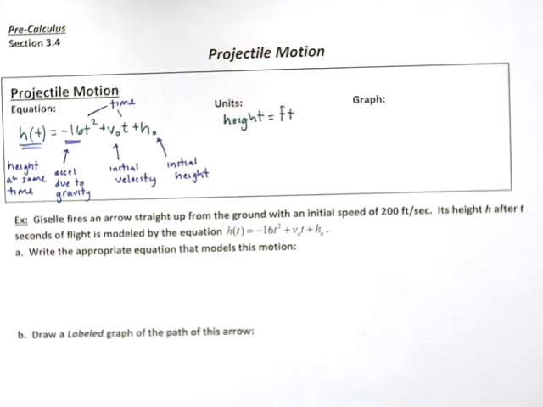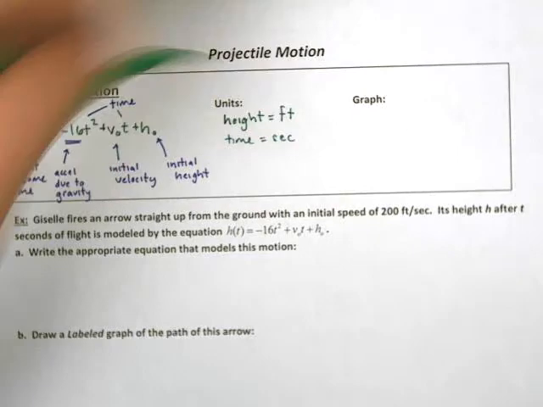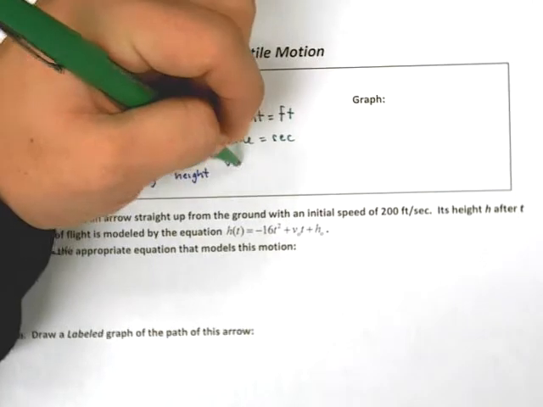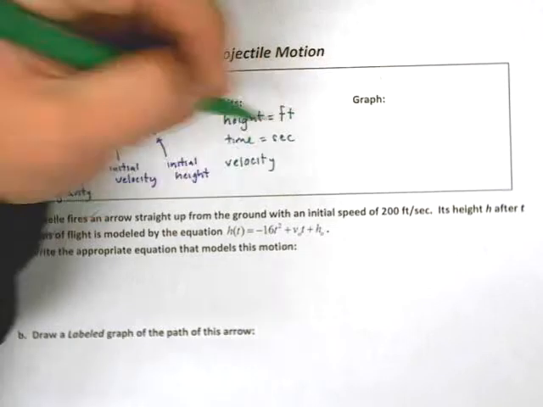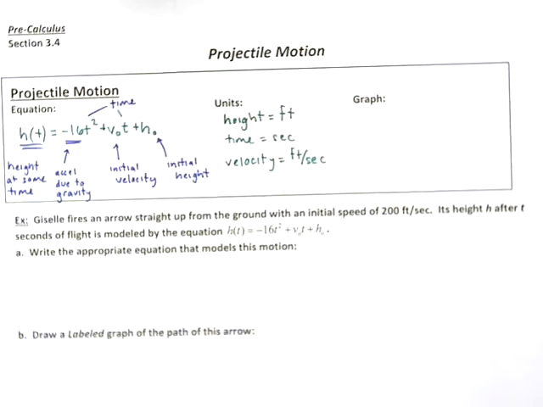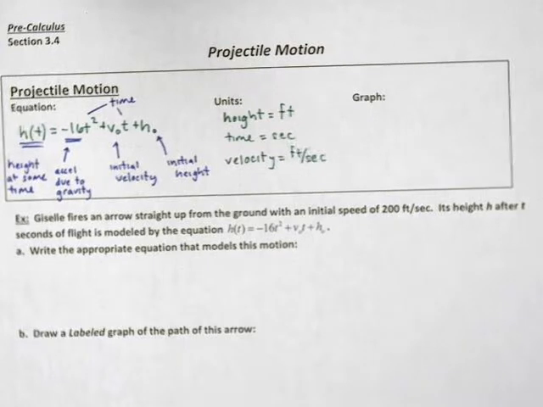Okay, height should always be in feet. T, or time, should always be in seconds. The last one, velocity, if we ever solve for velocity, which we might do, it should be feet per second. Alright, so height is in feet, time is in seconds, and velocity would be feet per second.